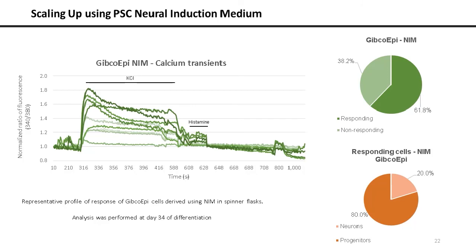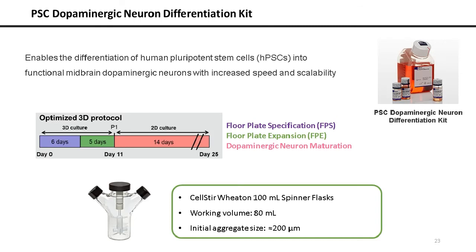But still, we wanted to check if we could be able not only to derive the pluripotent stem cells into neural precursors in general, but if we could direct them into a specific neural lineage. So for that, we use the Pluripotent Stem Cell Dopaminergic Neuron Differentiation Kit. So this kit was especially designed to differentiate the pluripotent stem cells to functional midbrain dopaminergic neurons.